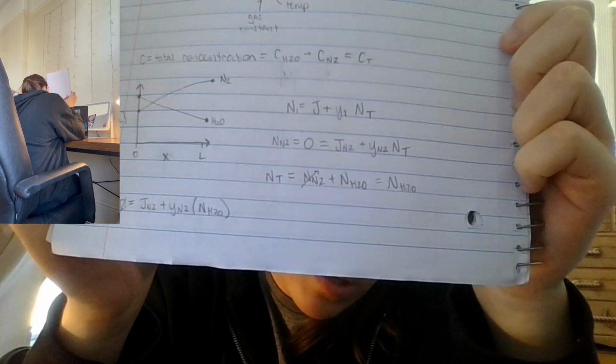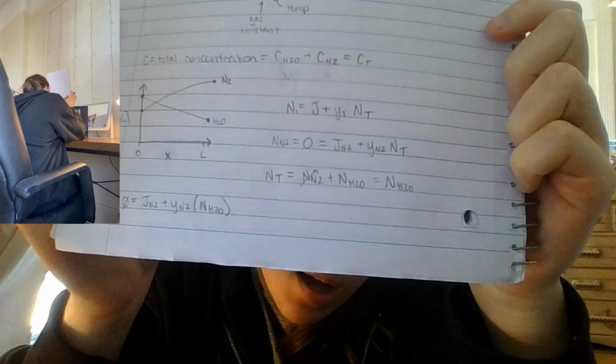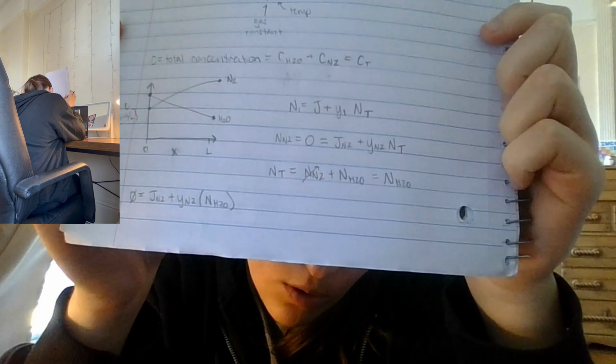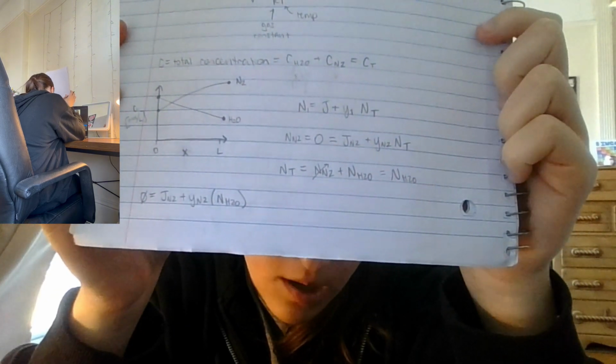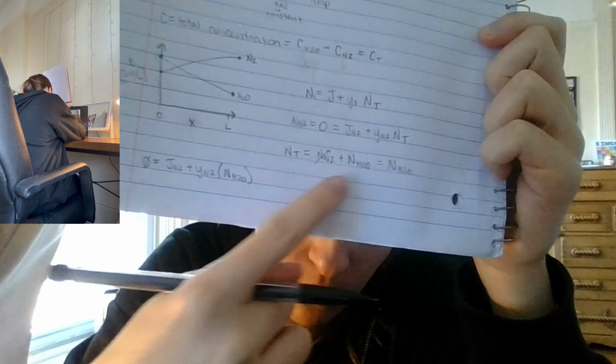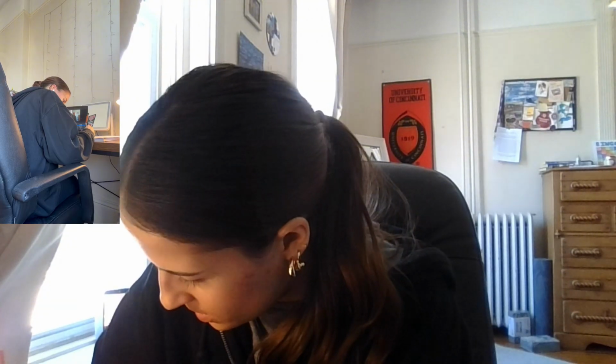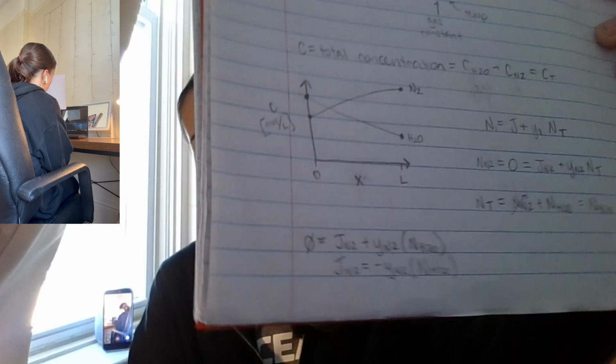We have 0 equals mole flux of N2 plus the mole fraction of N2 times the total flux of water, H2O, because that is equal to the total mole flux, or the total flux, sorry. Okay, so now that we have this equation, which is also JN2 equals negative YN2 NH2O. So I just rewrite that to be the molar flux equals, instead of just 0 equals.